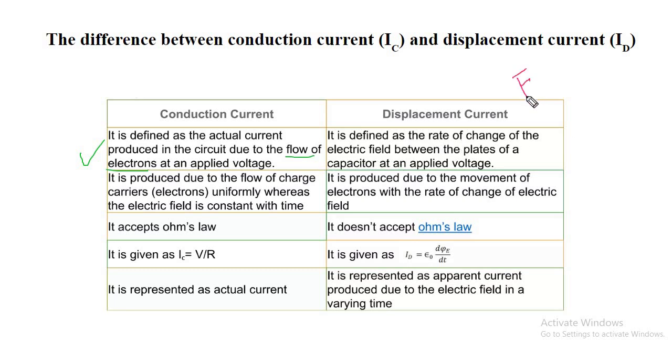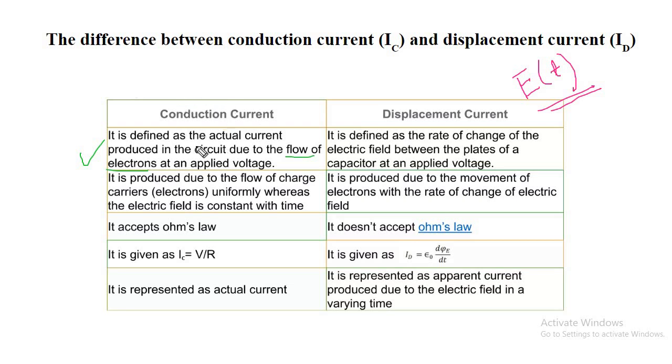The rate of change of electric field as a function of time. Now conduction current is produced due to the flow of charge carriers, electrons, uniformly, whereas the electric field is constant with time. But here this is produced due to the movement of electrons with the rate of change of electric field, which is time dependent.